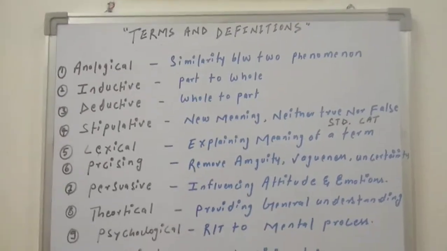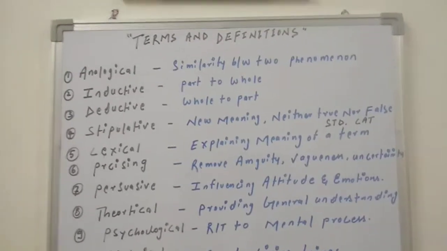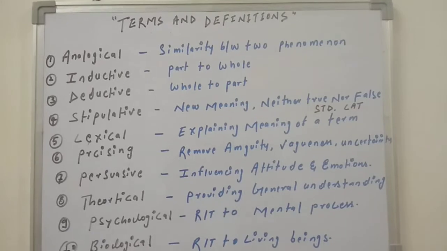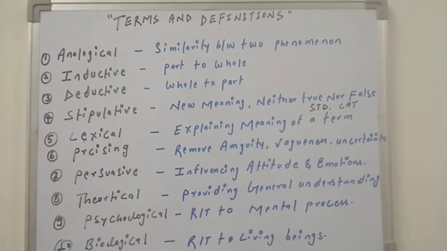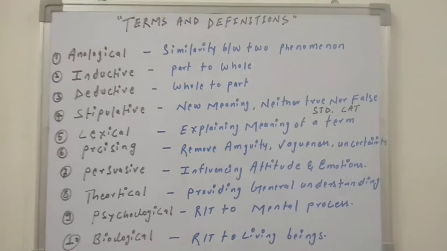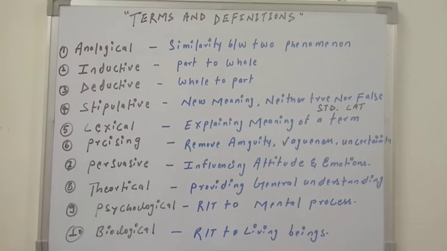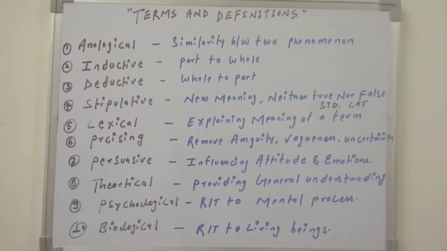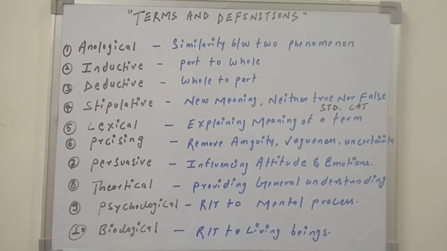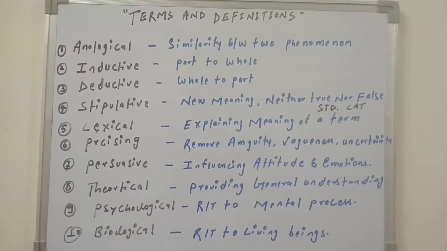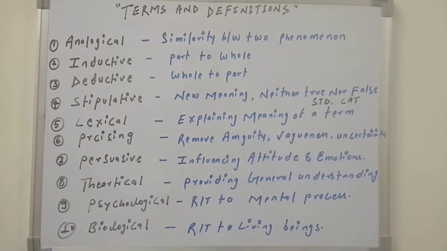Suppose I have one term; from that one term I can write 2 paragraphs, 3 paragraphs. One more important thing related to inductive terms: inductive means I can write more than what is written in the term. So extra things I can also add in the inductive term.